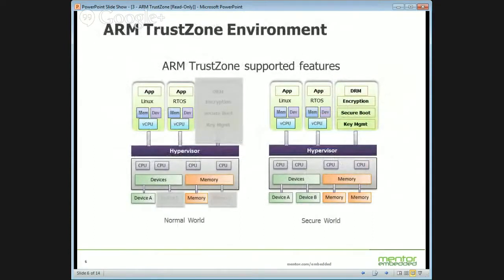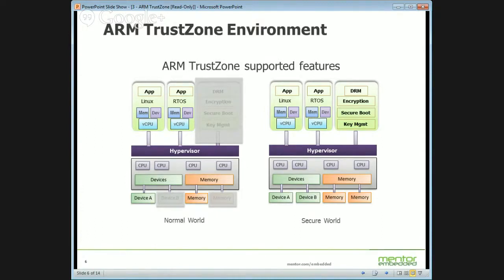What you will end up with is configurations such as this, where in a normal world, on my slide, you can run Linux next to an RTOS on top of a hypervisor. And as you can see, some of the areas on the left side of my screen are hidden. Your Linux application cannot see or touch your DRM encryption or secure boot algorithms.